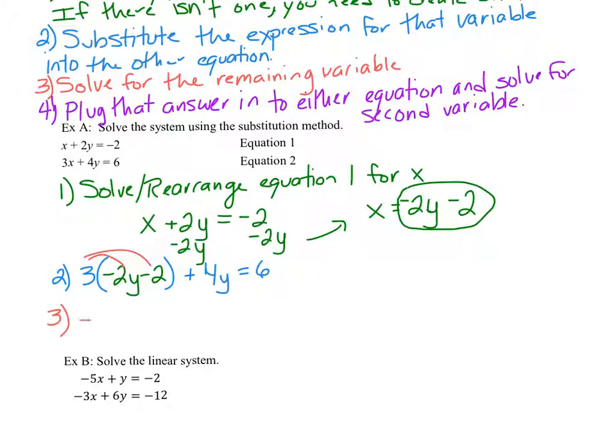So I'm going to get negative 6y minus 6. And then I have plus 4y equals 6. And I'm going to get negative 2y minus 6 equals 6.